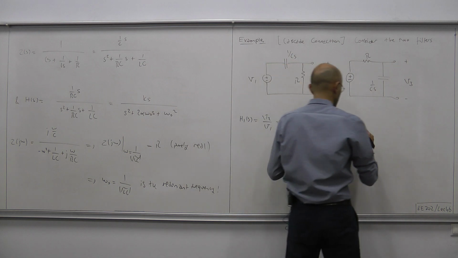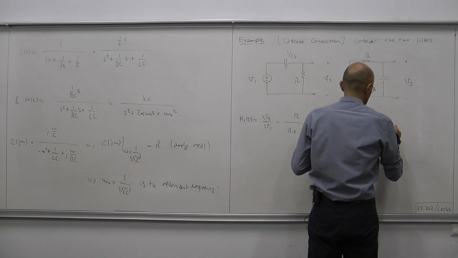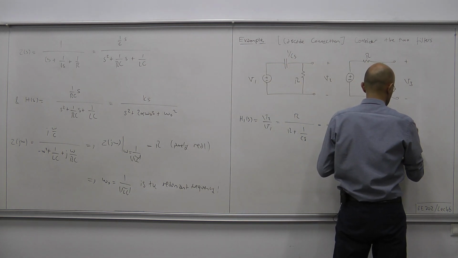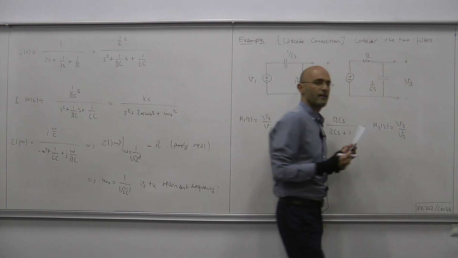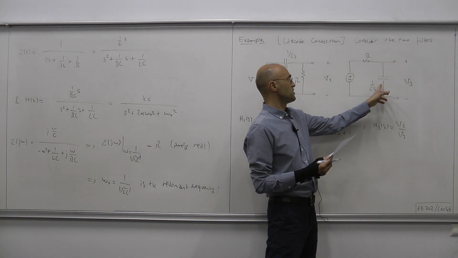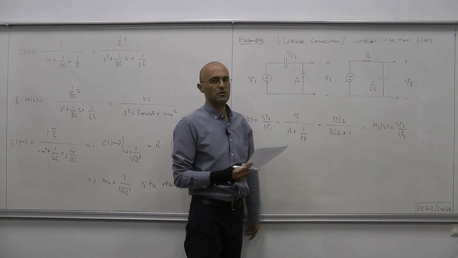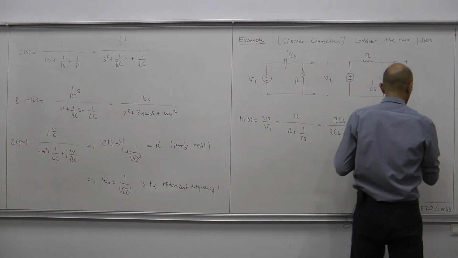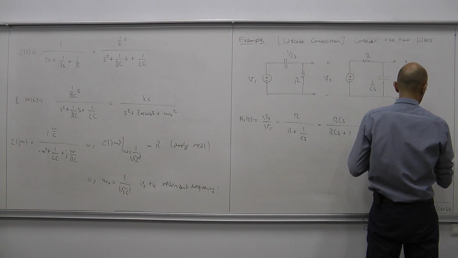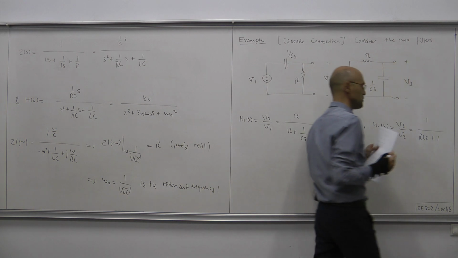And H2 of S, which is V3 over V2, equals 1 over CS over R plus 1 over CS, and that equals 1 over RCS plus 1.